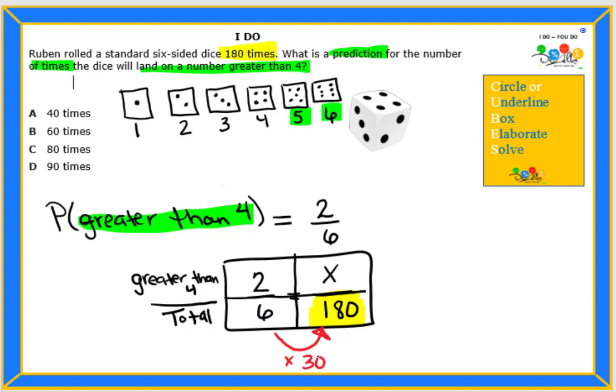So 6 times 30 equals 180. So using the same relationship, I can do 2 times 30 and I will get x. So x equals 2 times 30, which is 60.